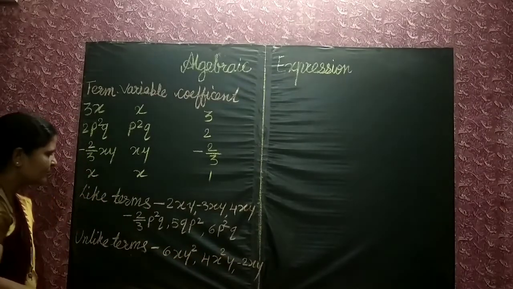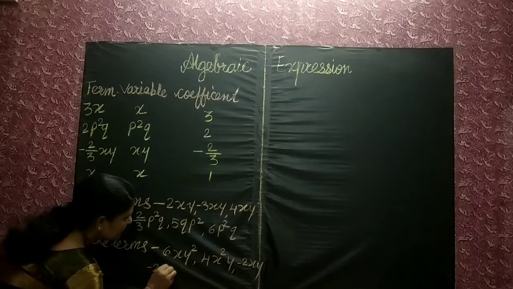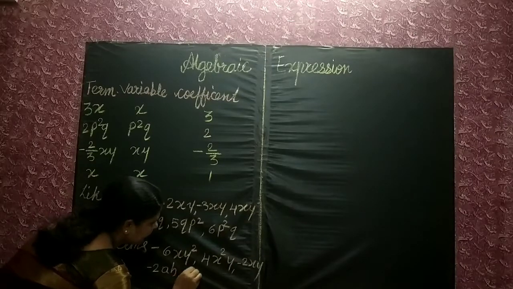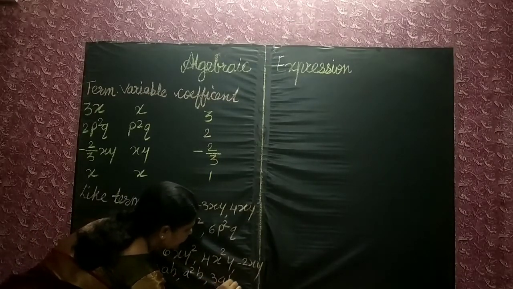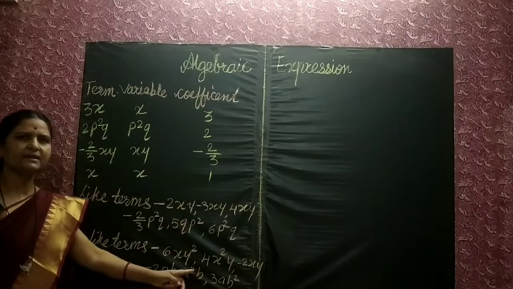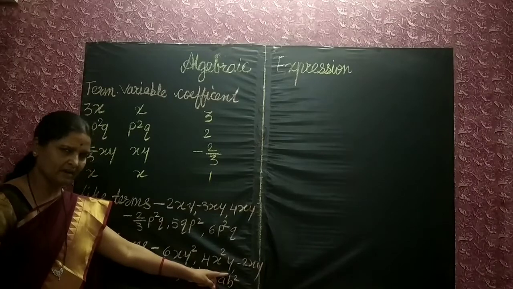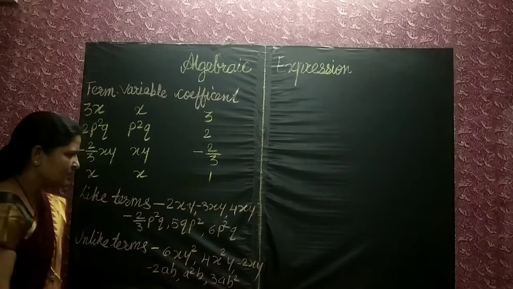One more example of unlike terms: negative AB, then A square B, then 3AB square. Again there are 3 terms. The variables are the same, but their powers are not the same.